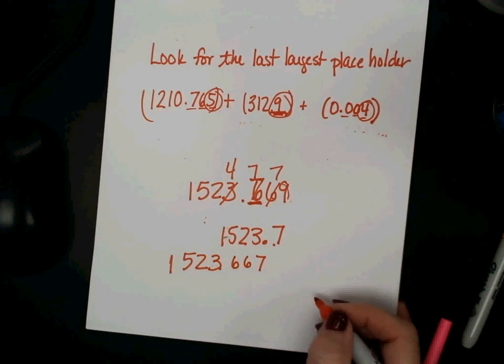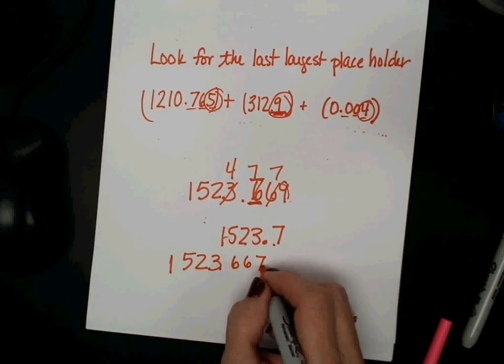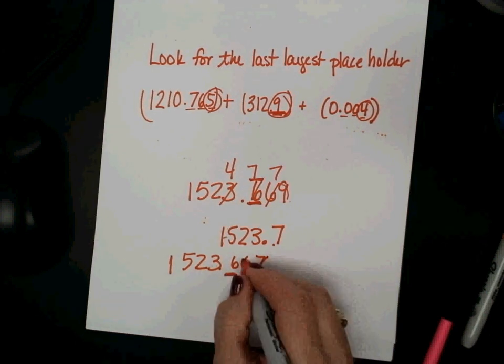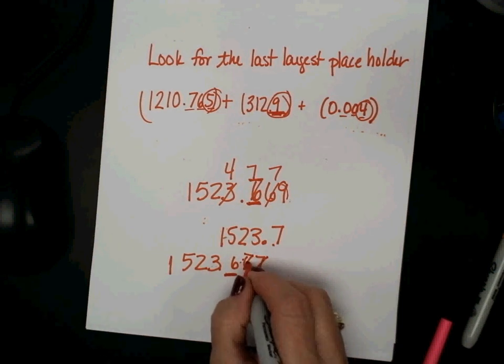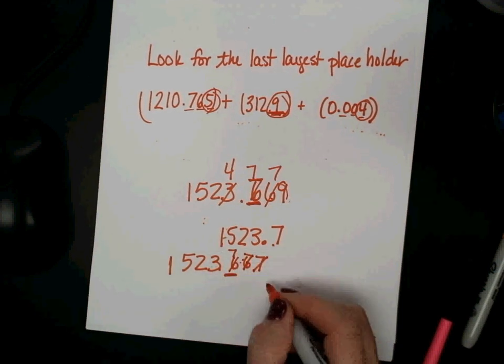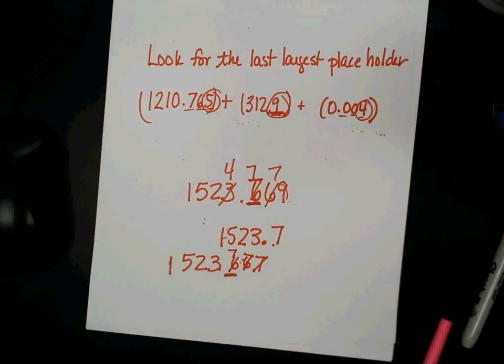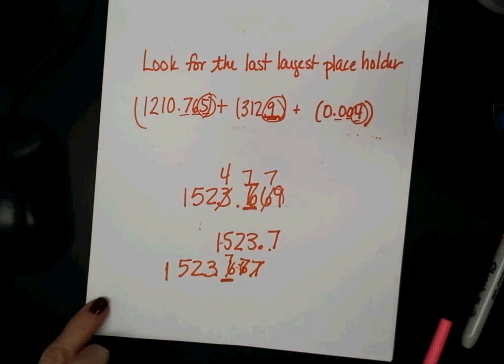That's the whole answer. So I want to start from the back and work my way forward to the position I need to be in. I need to end here. So my 7 rounds this to a 7, and then this 7 rounds this to a 7. Okay? Questions about that? All right. Let me give you a subtraction one to try.